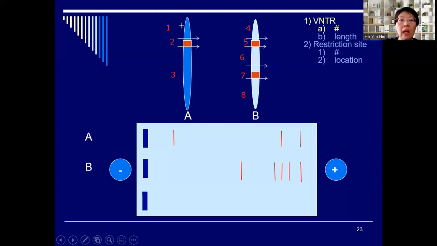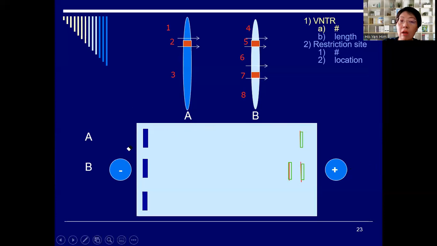That means it will only bind to this fragment, this one here, and it will bind to fragment number 5 and fragment number 7, this one here. Therefore, after you put the probe, you will only see these 3 bands. You will not see other bands because the probe only binds to these 3 bands.